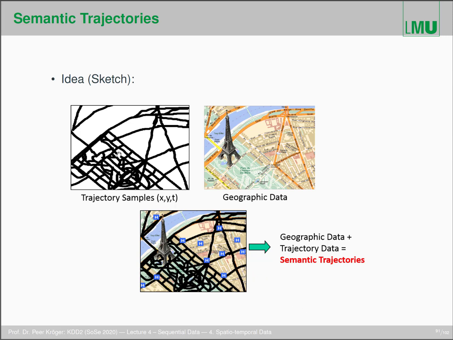So you give meaning to the trajectories. That's actually the idea, that for example, this here is the Eiffel Tower, and that is the park in front of the Eiffel Tower and stuff like that.